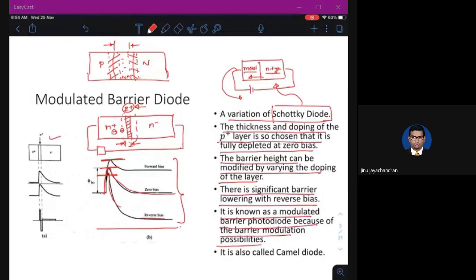So whatever this barrier is here, which is created because of the P plus, you can change the barrier height or the depletion layer width by applying different biasing. And this is also called a camel diode because you see there's a hump because of this barrier. There's a hump like this. This is called a camel diode.